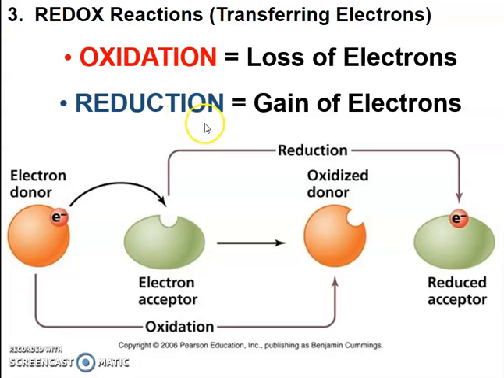So what's happening in your cells is multiple different molecules are always being oxidized, which means they lose electrons, or reduced, which means they're made happy again by gaining electrons. So here's a molecule here that has an electron that it's going to get rid of. It's going to give that electron over to another molecule. When it does, it becomes oxidized.